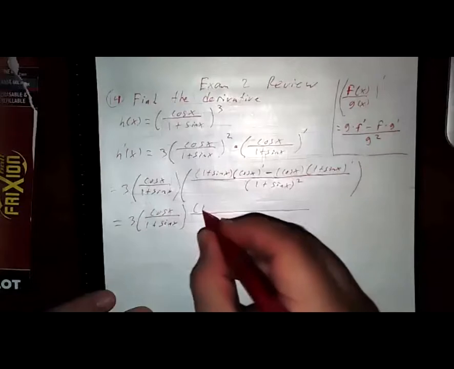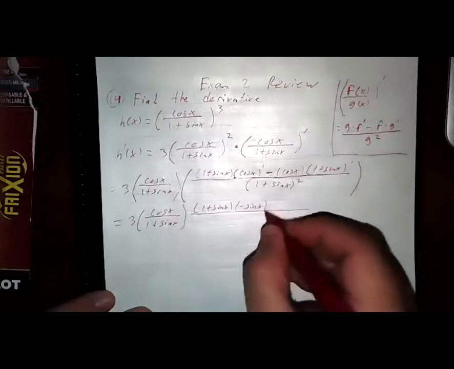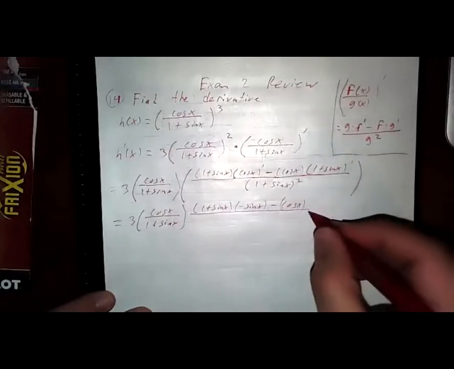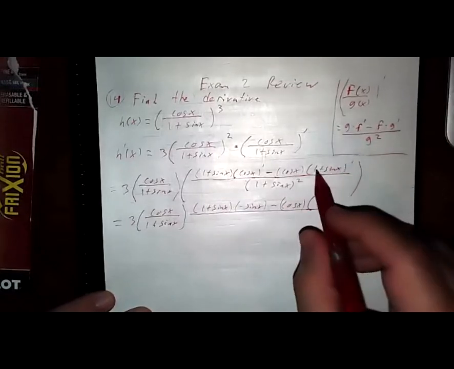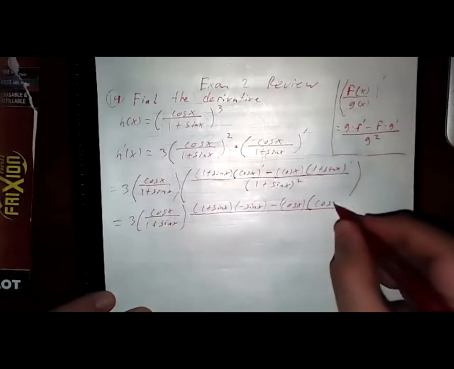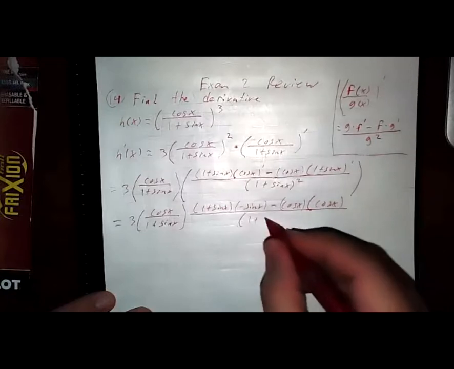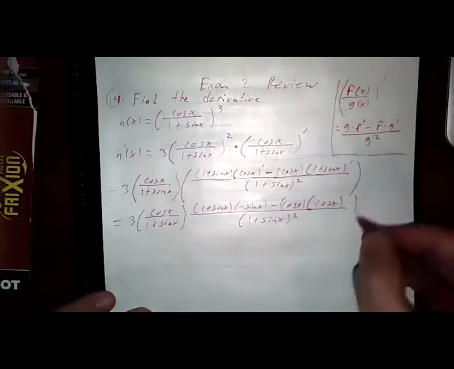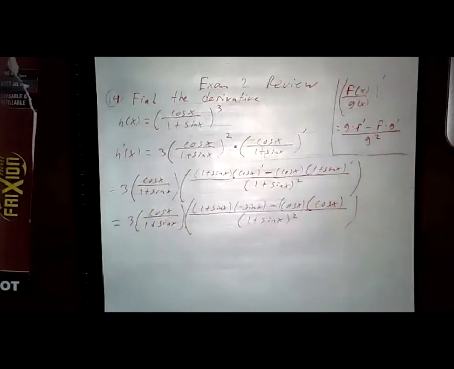So we're going to have 1 plus sine x times negative sine x minus cosine x times the derivative of this. Derivative of 1 is 0, derivative of sine is cosine, so that becomes another cosine. So now we're done with all that. Derivative is now finished.